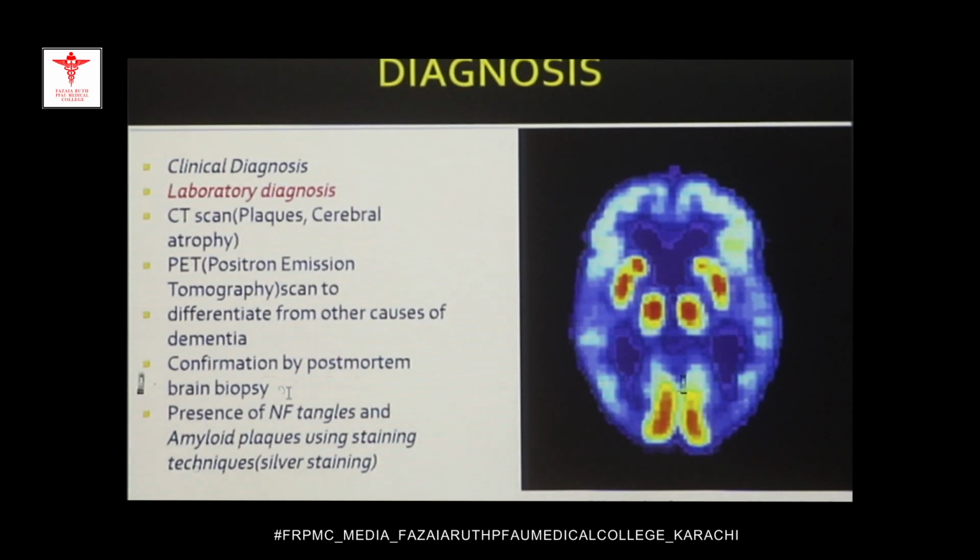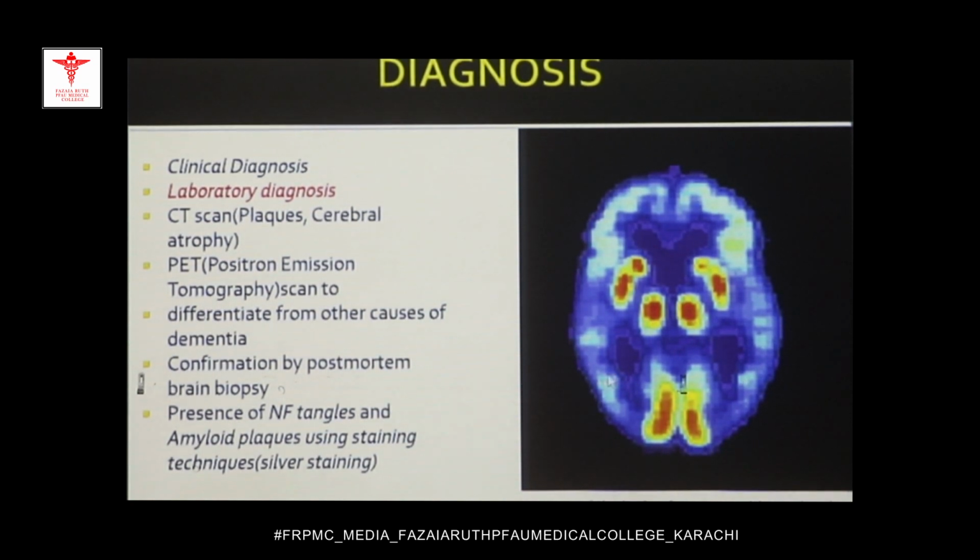Now, clinical correlation is there, but for the laboratory diagnosis, we can do the CT scan to detect plaques and cerebral atrophy. And also if you see this area, this is not taking the dye, and you can see the temporal and parietal areas because of the cerebral atrophy.